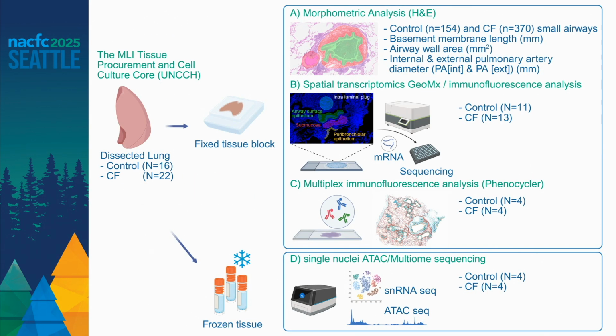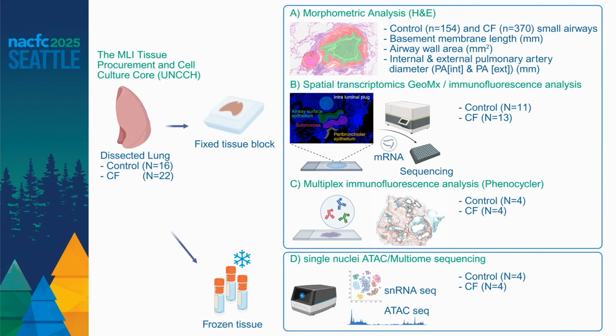The experimental strategy is listed here. Thanks to the help of the Tissue Core at UNC, we have created an inventory of CF lung tissue blocks, and if we had enough tissue, we made frozen tissue stocks as well.